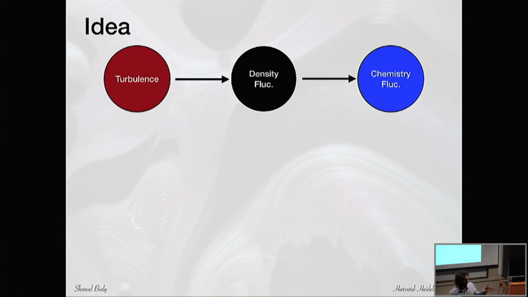Now we know that chemistry, the formation of various molecules, is very sensitive to the density. So maybe if we observe fluctuations in abundances of various molecules, we can actually reverse the arrows and use this to constrain the density field in the ISM, and so the turbulence in the ISM.